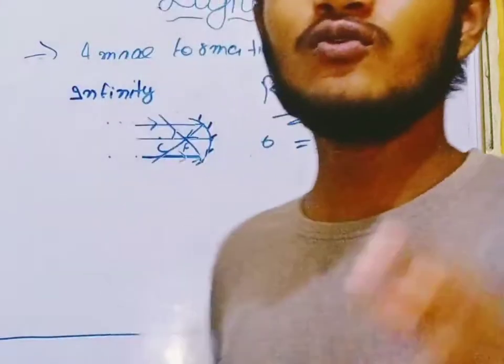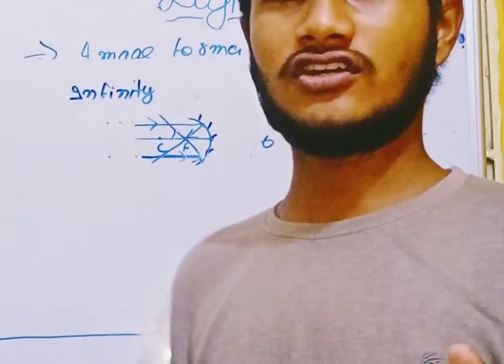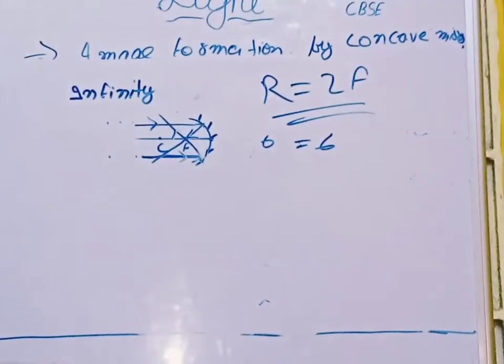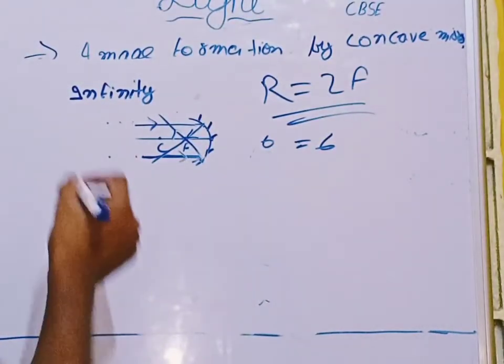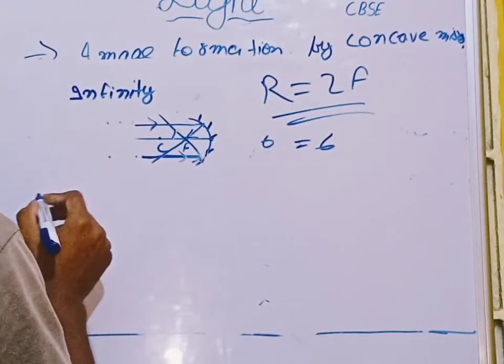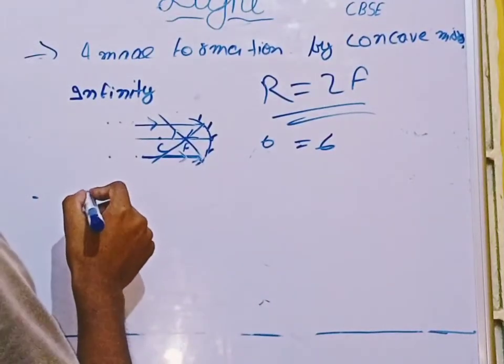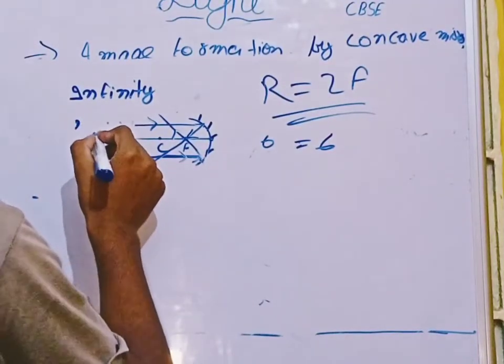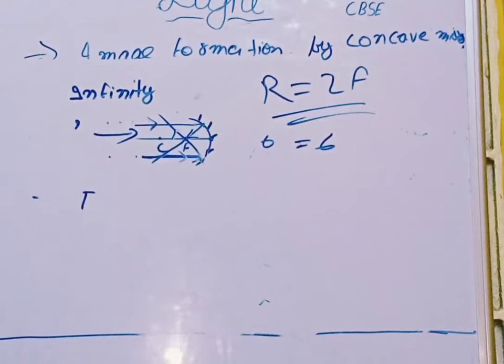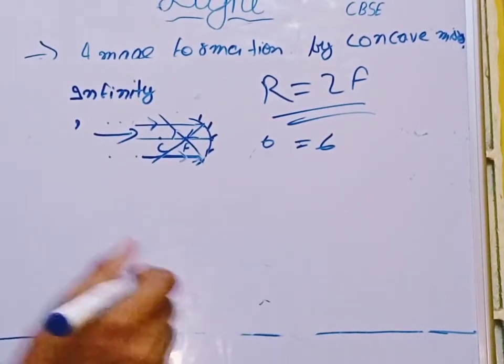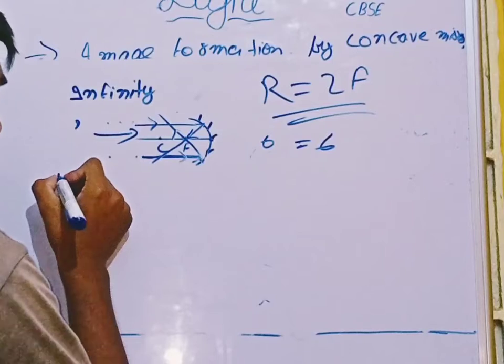Now you ask me how to write its nature. You always have to remember, if the object is here and the image is formed in front of the object, then it is always diminished.